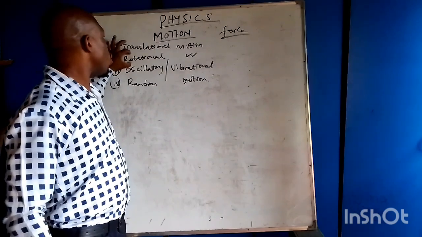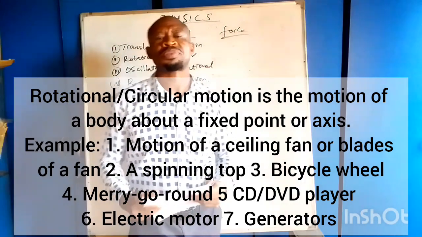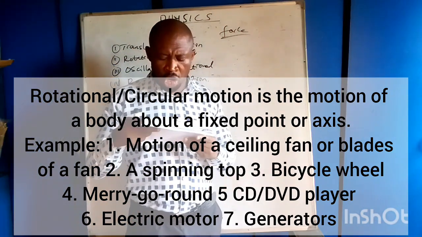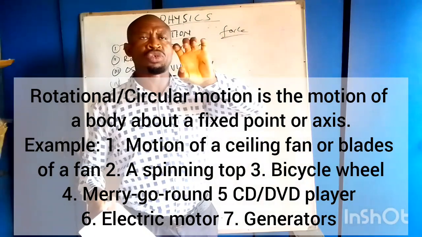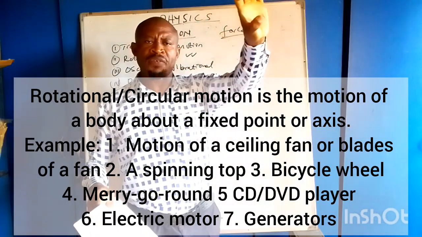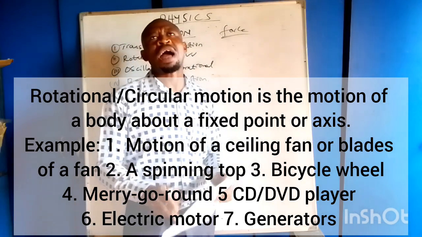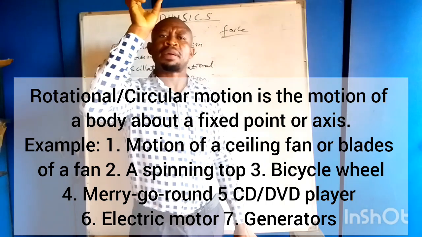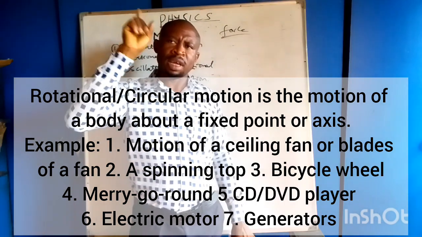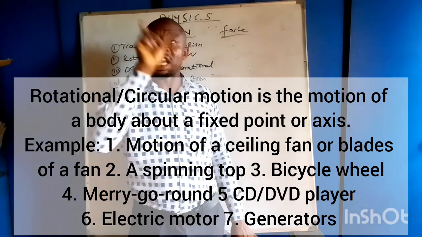Number two, we have rotational motion. By rotational motion, we mean the motion of a body around a fixed point. For example, the motion of a ceiling fan: a ceiling fan moves or rotates about a fixed point.